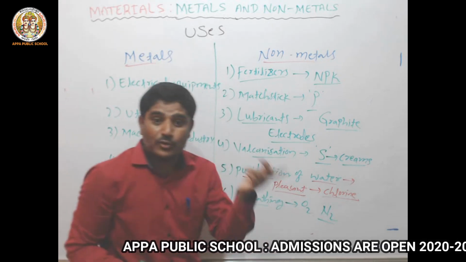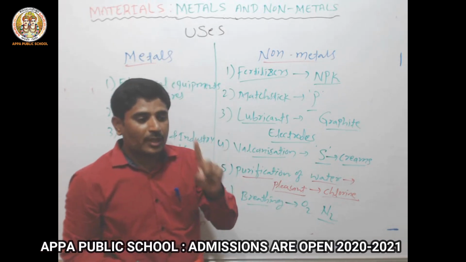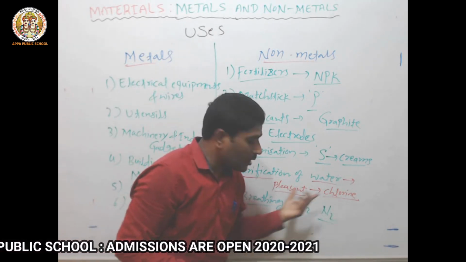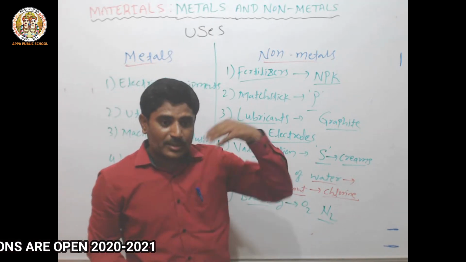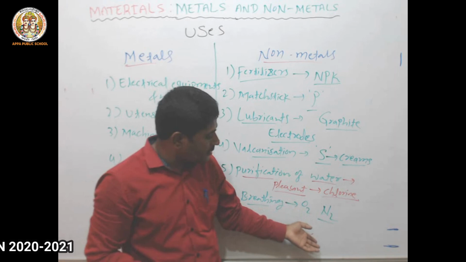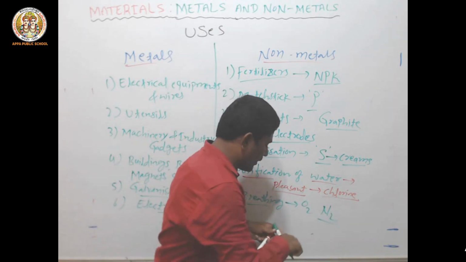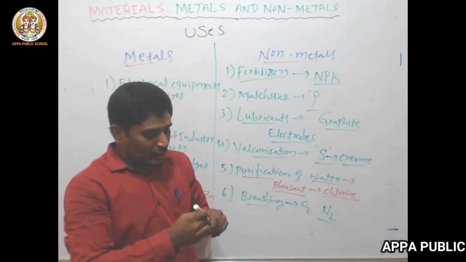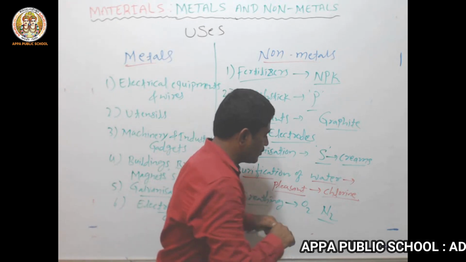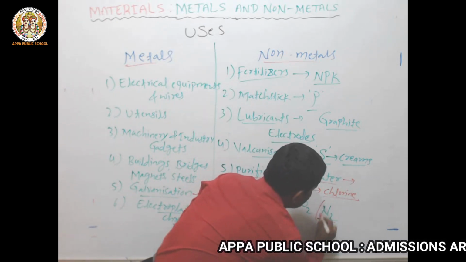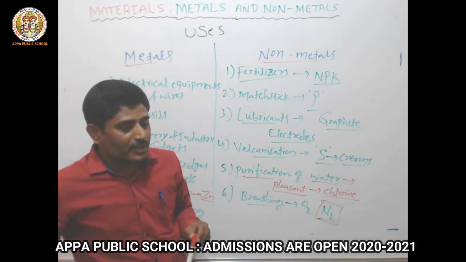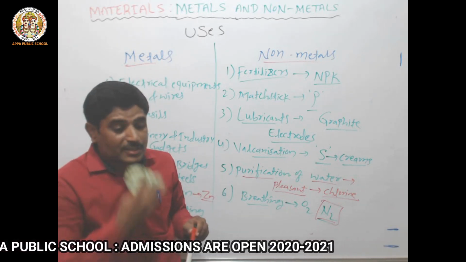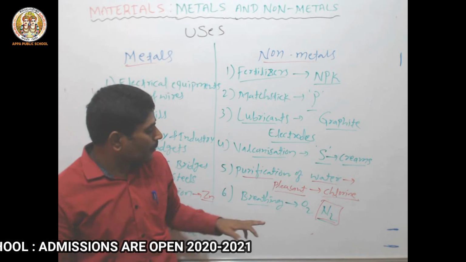Liquid nitrogen is used to store human body organs or for transportation of those organs. Nitrogen gas, especially liquid nitrogen, isn't it? So we are going to use liquid nitrogen to store some of the organs of the body.